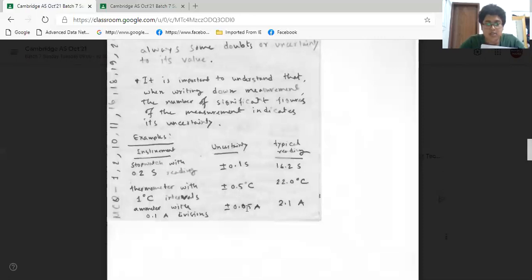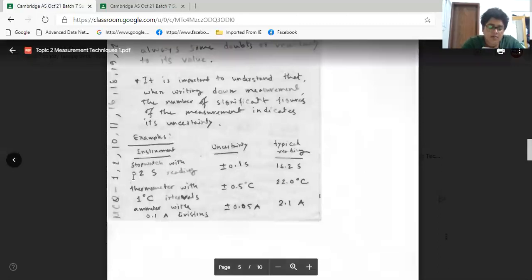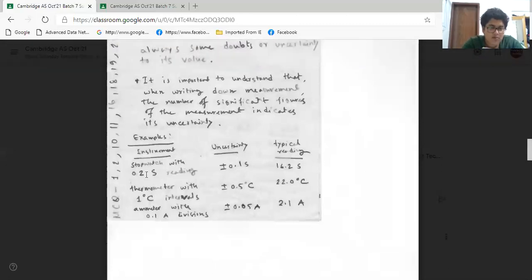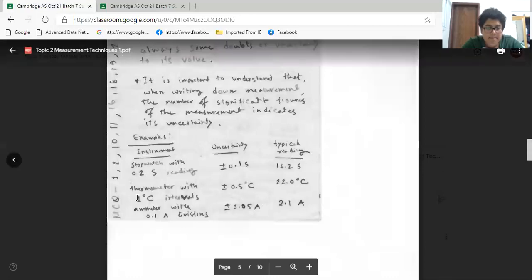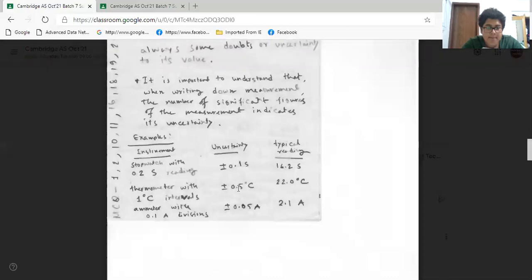Is it clear? Are you seeing the screen, what I am showing? Yes, sir. If you are not taking the average, this uncertainty will be 0.2, because the smallest value is 0.2 here in the scale. And here you got a thermometer of 1 degree Celsius, so you wrote here 0.5 because you took the average.